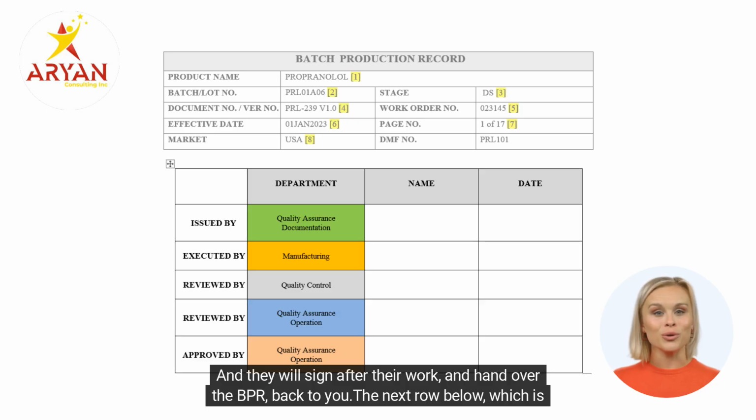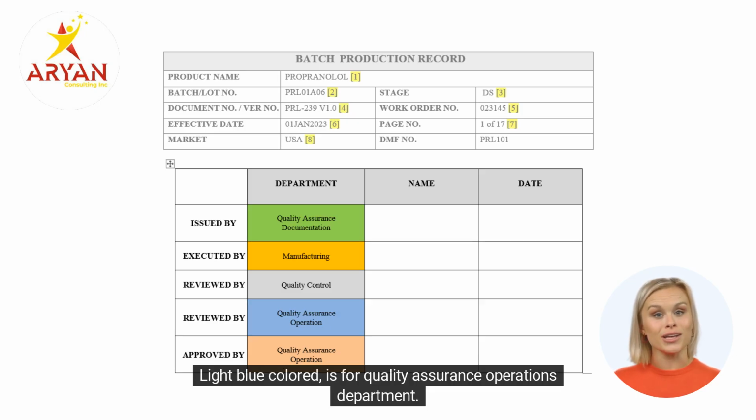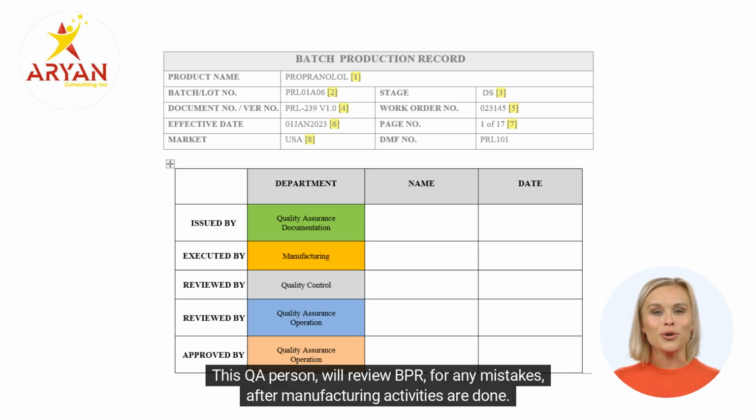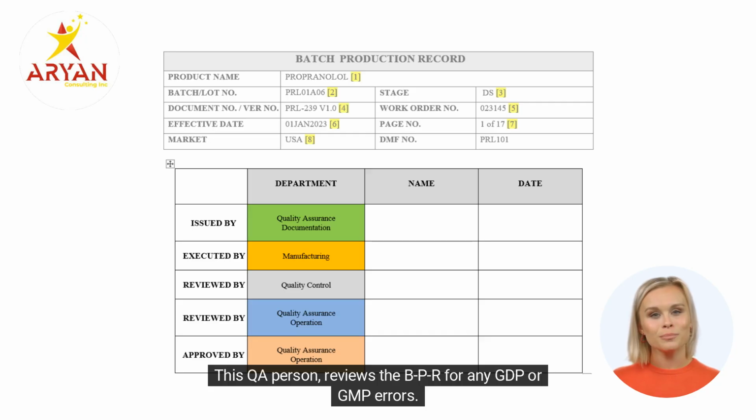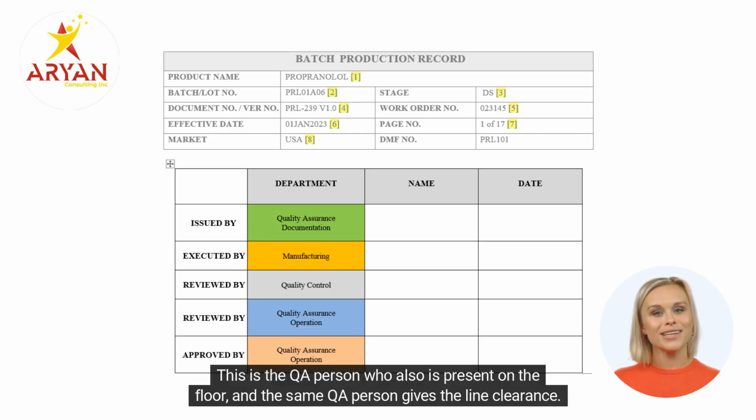The next row below, which is light blue colored, is for the Quality Assurance Operations Department. This QA person will review the BPR for any mistakes after manufacturing activities are done. This QA person reviews the BPR for any GDP or GMP errors. This is the QA person who also is present on the floor, and the same QA person gives the line clearance.